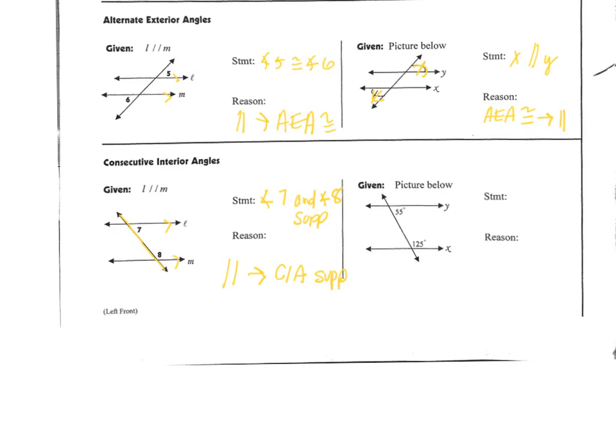Now reverse it. If we are given these angles, our statement is that line X is parallel to line Y, and that's because corresponding interior angles are supplementary and therefore imply parallel lines.